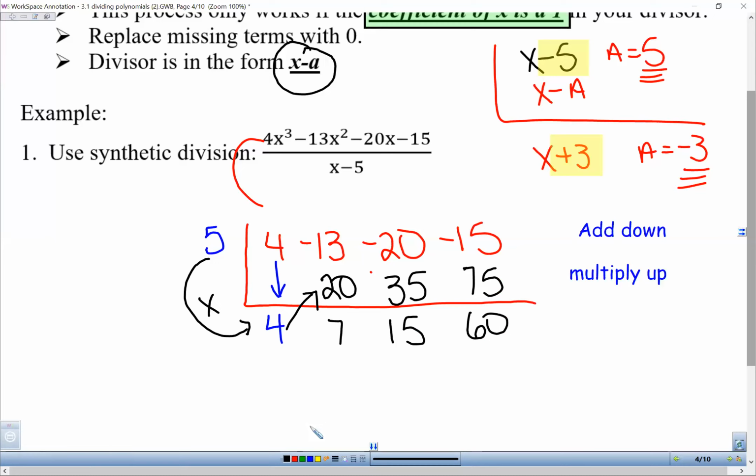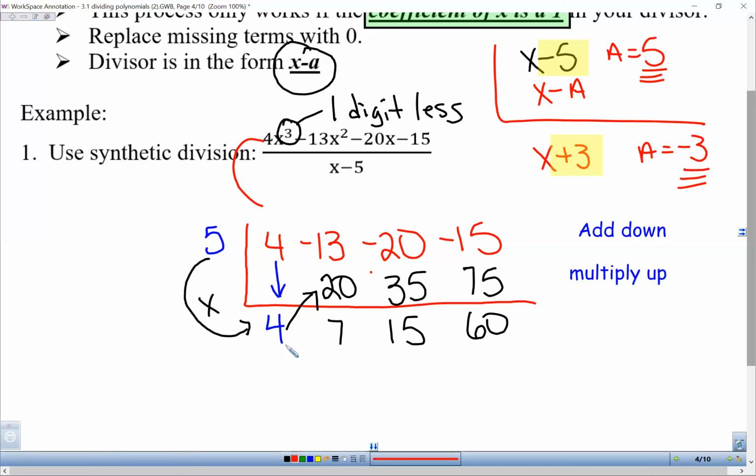So we're done with the long division, or I'm sorry, we're done with the synthetic division. Now we just need to write out our answer. So we started out with variables, we're going to end up with variables, but because we divided, the first variable is always going to be 1 degree less.